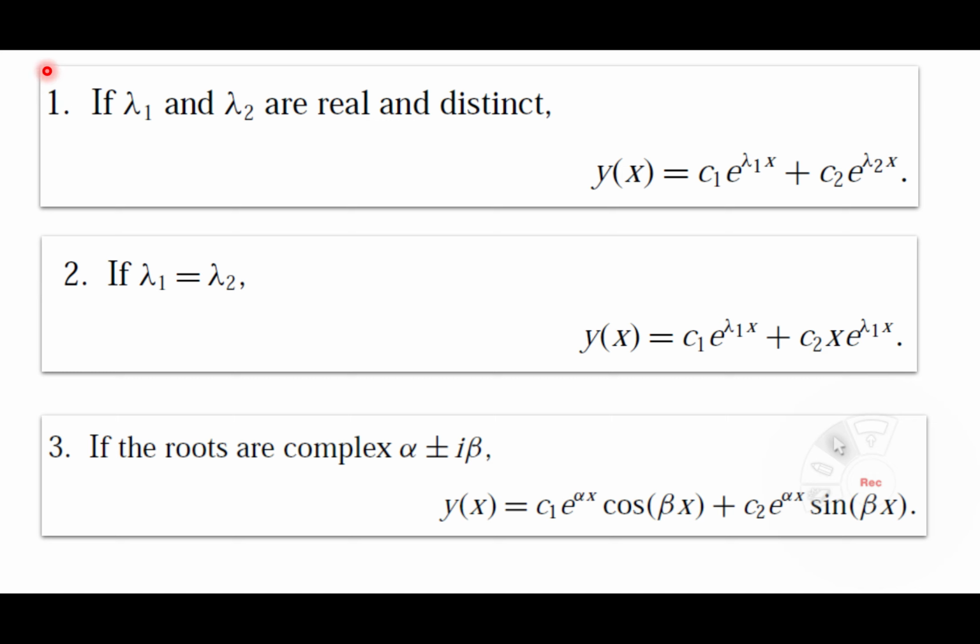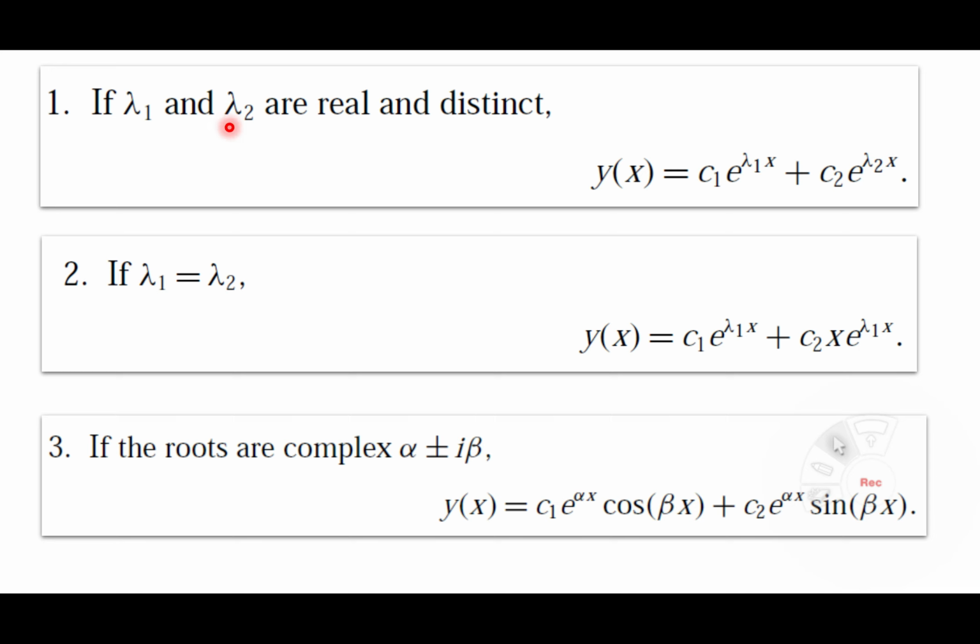We have case number 1, where lambda 1 and lambda 2 are real distinct, case number 2, which is lambda 1 equal to lambda 2, and case number 3, where the roots are complex, alpha plus or minus i beta.